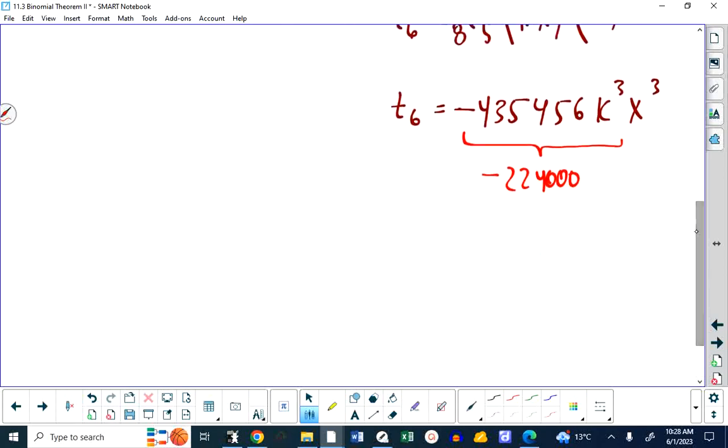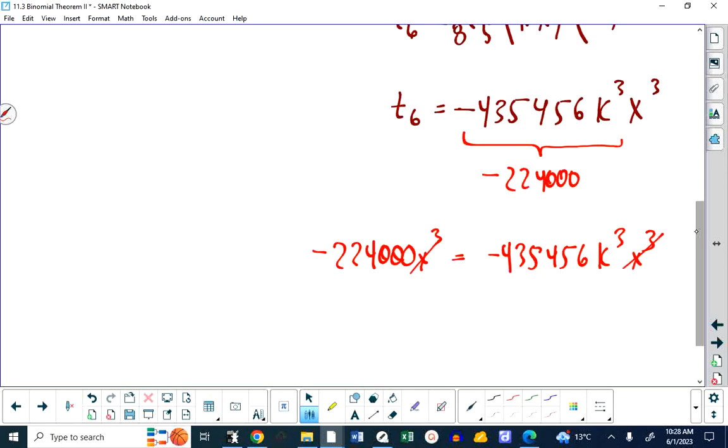Well, algebraically, we say that that term equals negative 435,456 k cubed x cubed, and we divide both sides by x cubed.